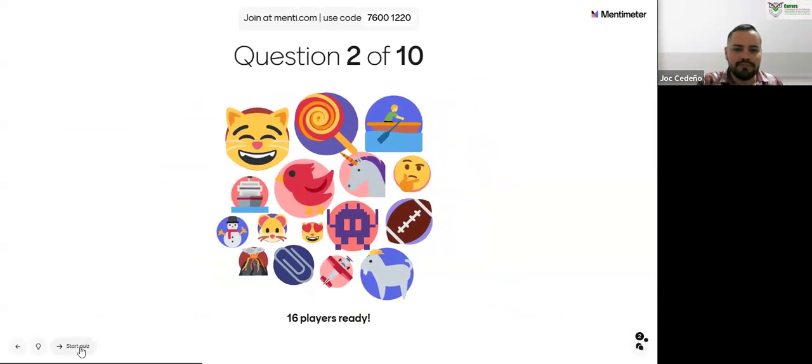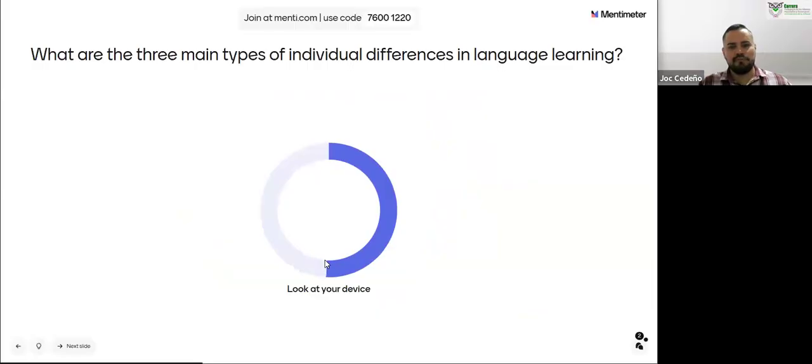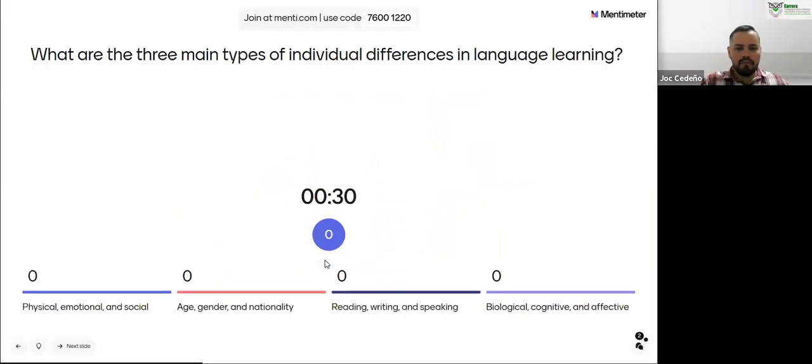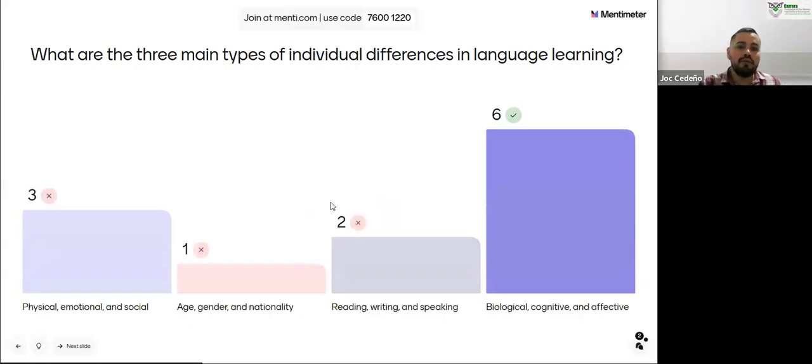Question number 2. In this question, we had to talk about the three main types of individual differences in language learning.